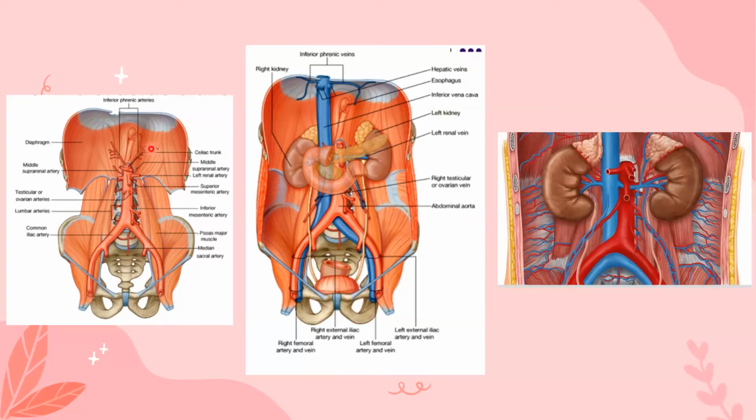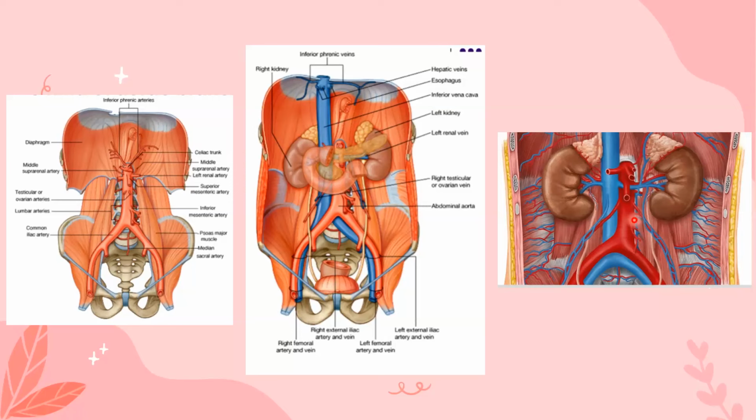The superior mesenteric artery is very interesting in the sense that it kind of hooks over, as you guys can see here, this vessel. Can you guys tell me what this vessel is? Left renal vein. Perfect. Good job.